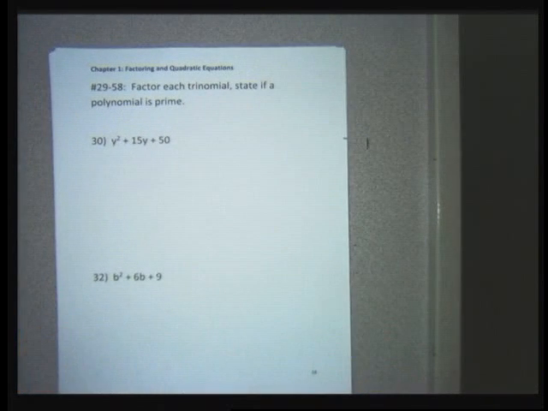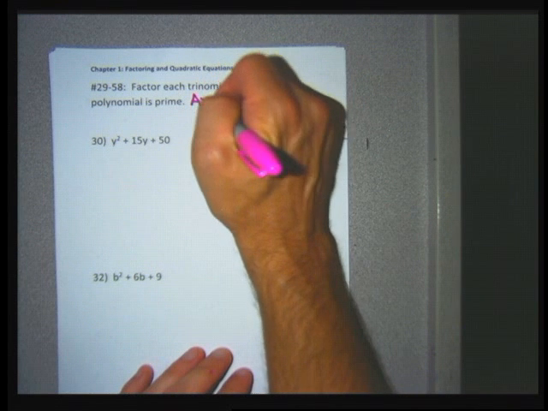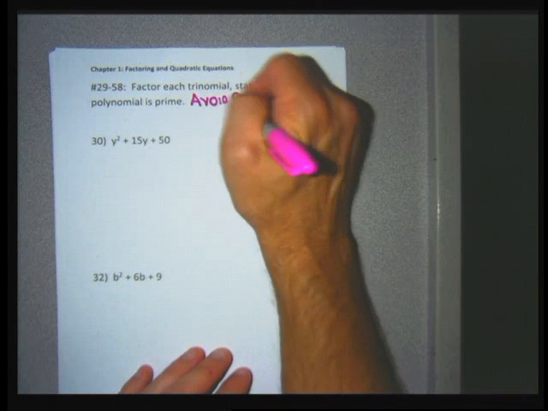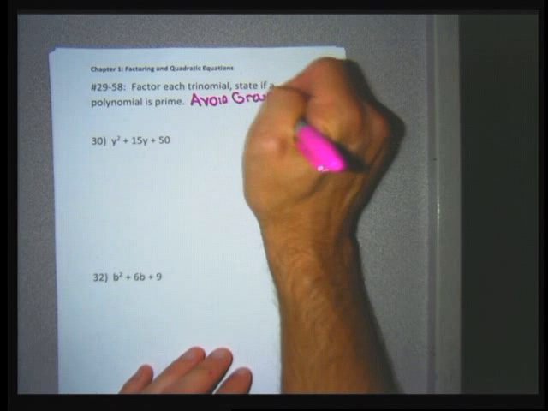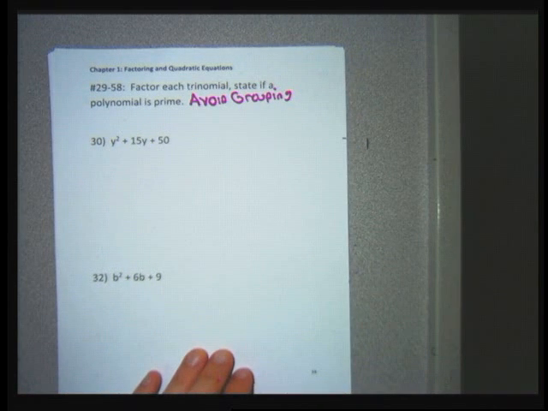So I'm going to do a table approach, but I'm going to avoid grouping. So this is the avoiding grouping method. It's real similar. And this is the way most students factor trinomials. They don't group.